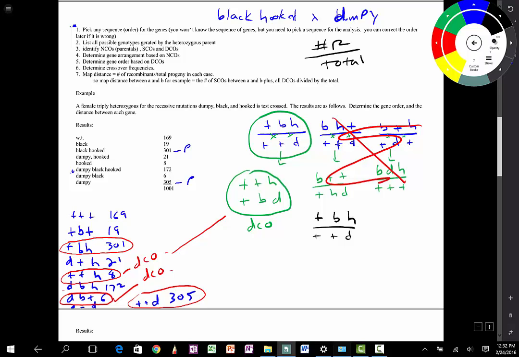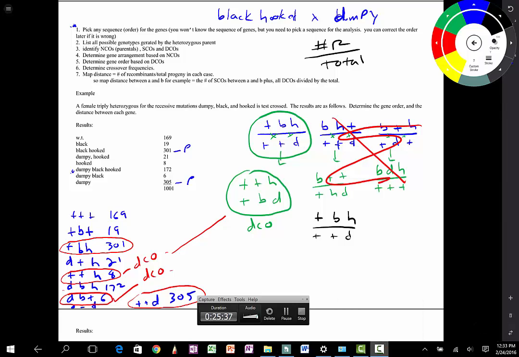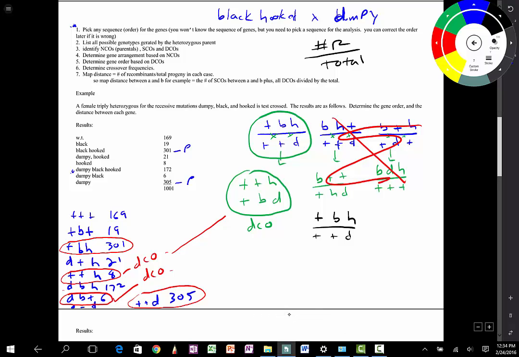And we want to get a map between... something's wrong here. Start over from here. Delete all this.